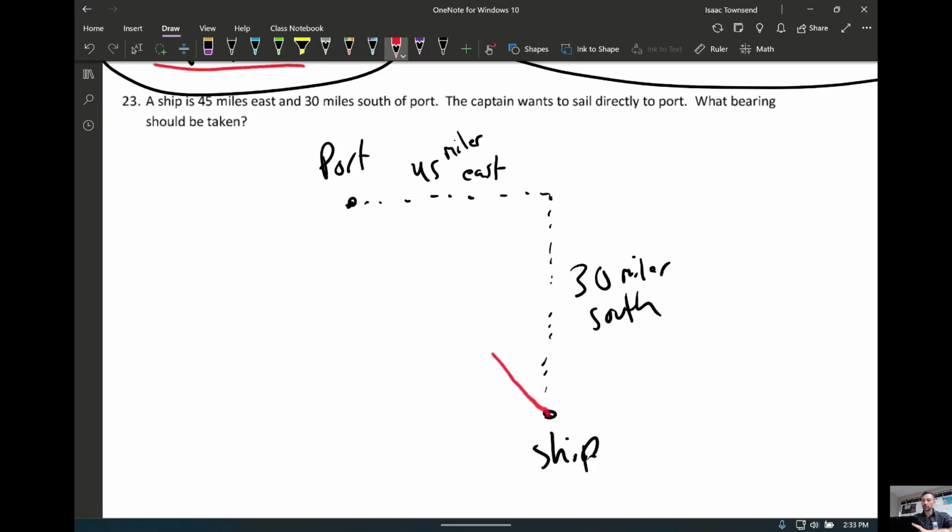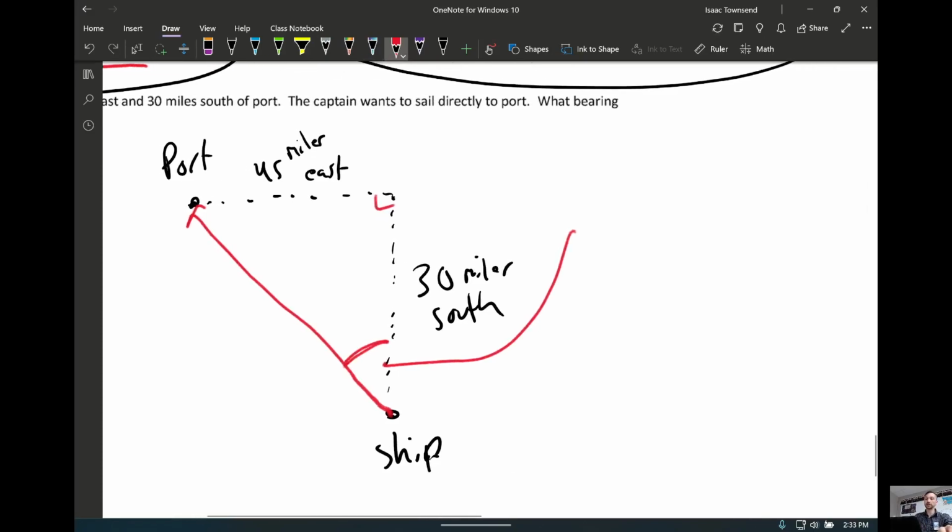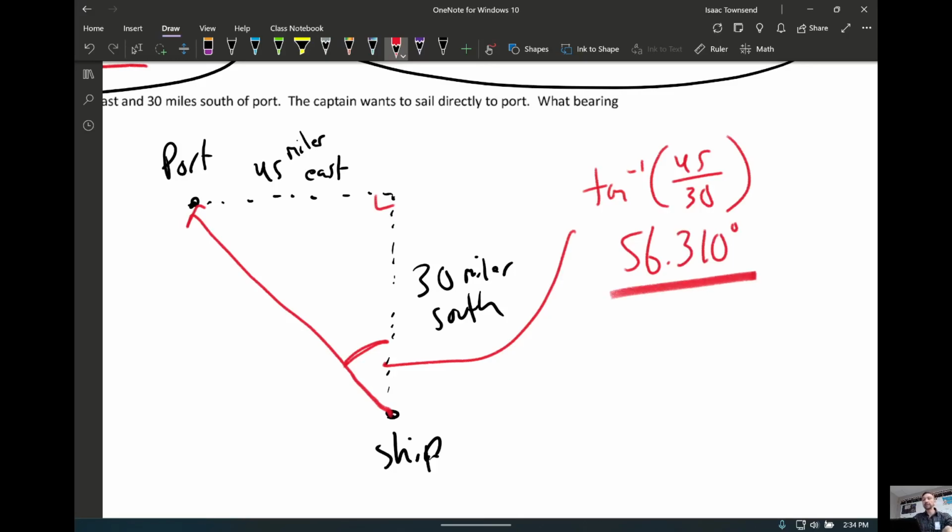But you want to go from the ship to the port. You've got a right triangle. So finding this angle in here is what you've been doing since geometry. You could do inverse tangent of opposite over adjacent to know that angle is about 56.310 degrees. But that can't be your final answer because that's not a bearing.